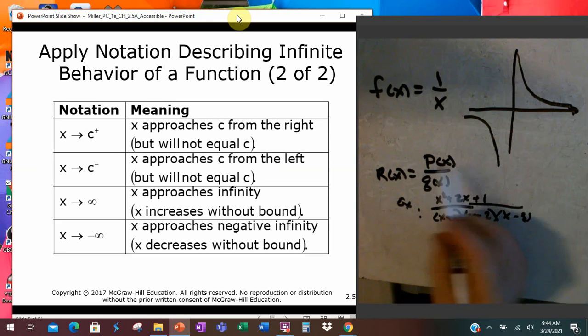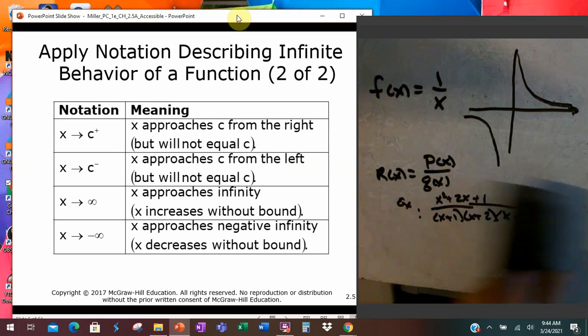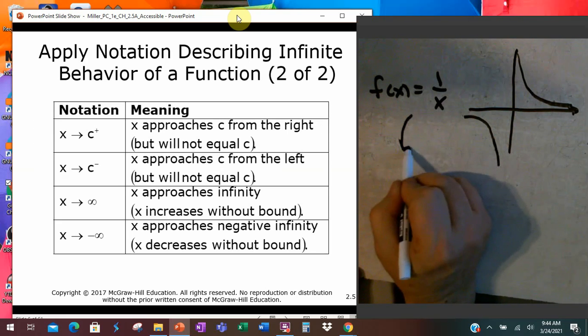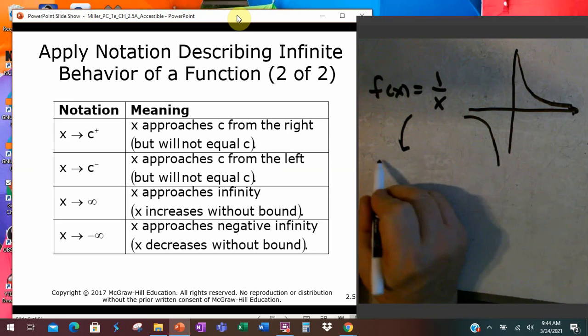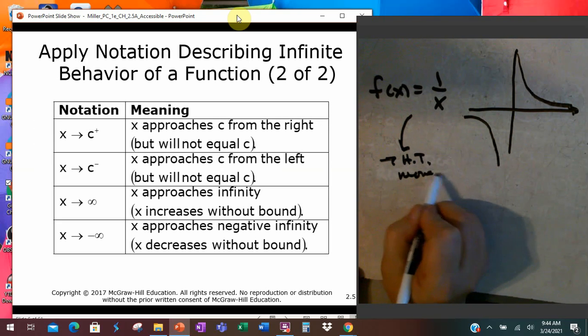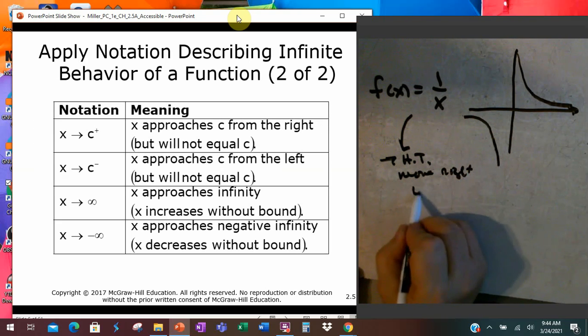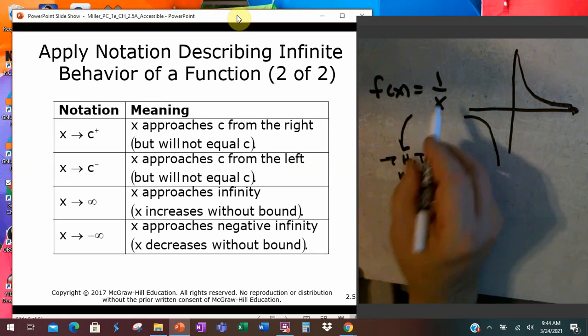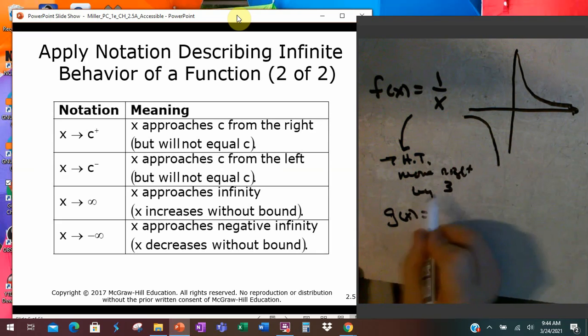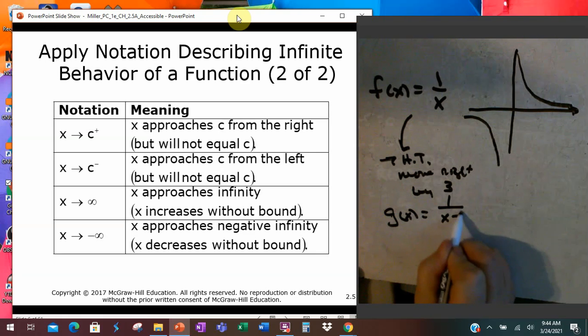So what happens if I've got this? Let's do a little shift. I want to take this and do a horizontal transformation, move right by 3. Then my new function would just be that, right?